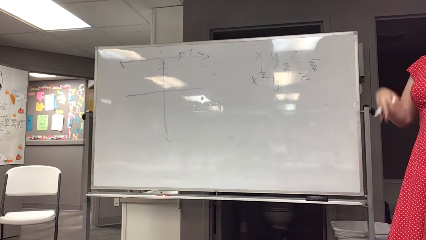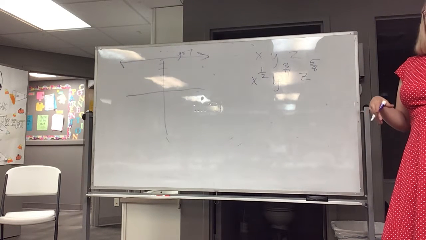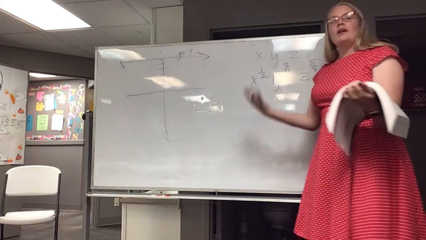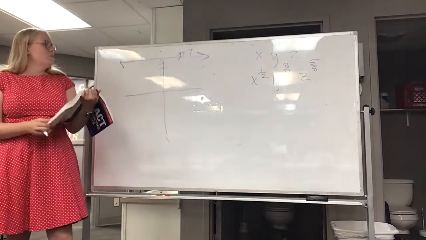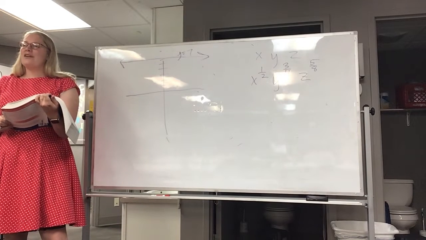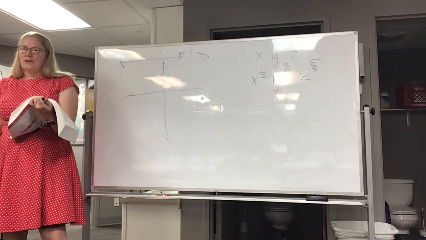And everything in the options is written in terms of either a 4th root or an 8th root. So this is a little bit of an adding fractions problem disguised as an exponent problem.